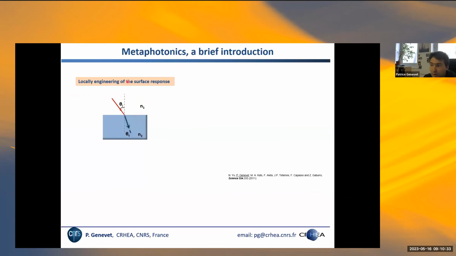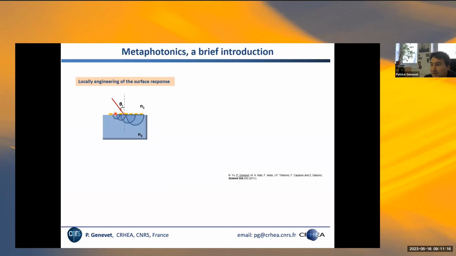I'm sure that you're already aware of this concept, but when you shine light at an interface that separates two media, the light is generally refracted at an angle which is fully determined by the refractive indices and the incident angle. Now, if you start depositing along this interface an ensemble of nanostructures, as shown here, and you design these nanostructures such that their relative phase response varies along the interface, the light re-emitted or diffused by all of these structures can vary from neighbor to neighbor in the form of a gradient.